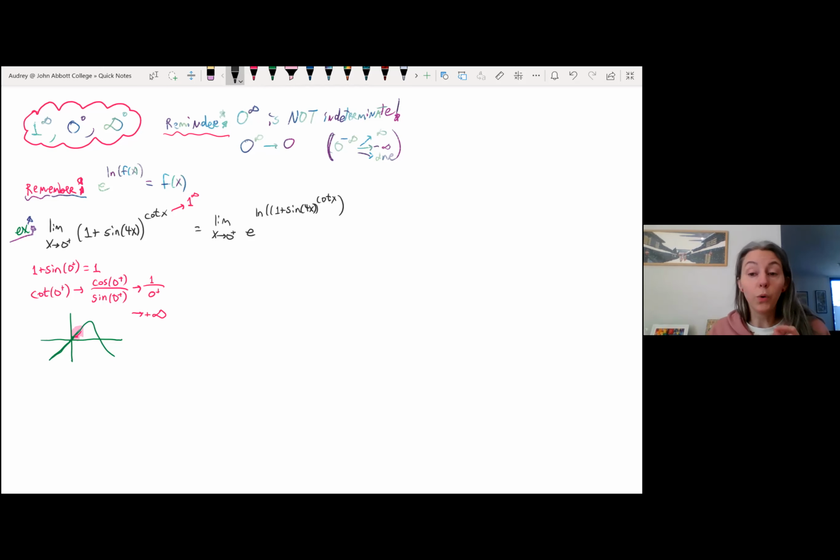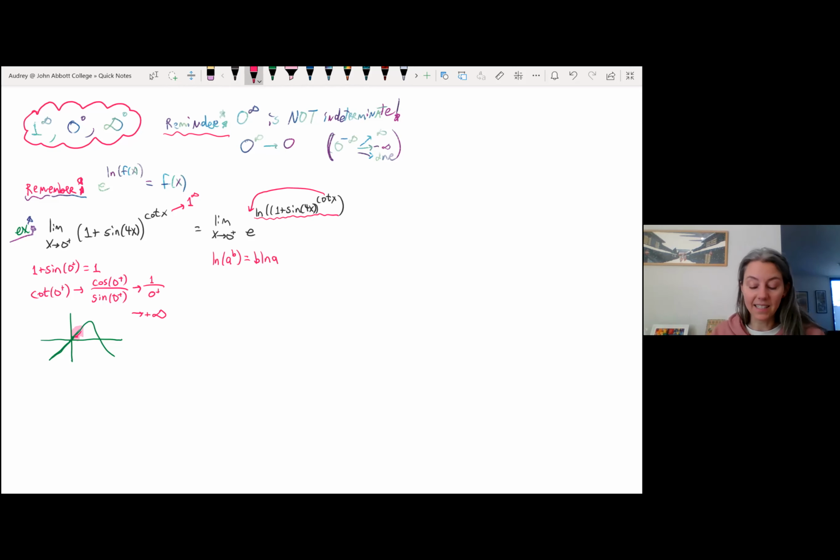Now, there are two things that we need to remember here. One of them is our third ln rule. We already saw the other two ln rules today. So our third ln rule is ln of a to the b is equal to b ln a. And that's going to be important for this right here because it means I can take this cotangent and move it to the front of my line.